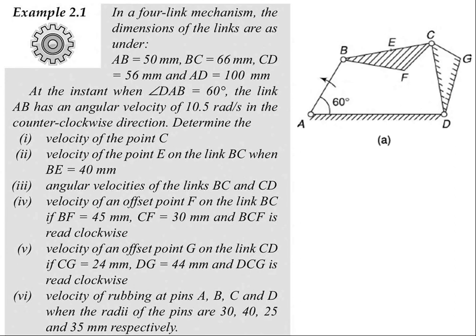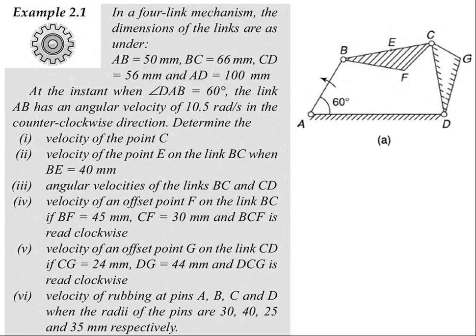Okay, and the dimensions for all these are given, and you need to first construct ABCD with the given lengths AB, BC, CD and AD, and then mark the point F and mark the point G such that the dimensions are given there.